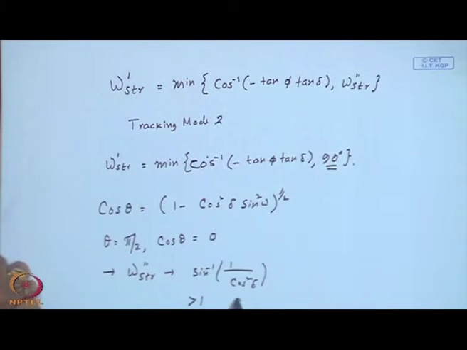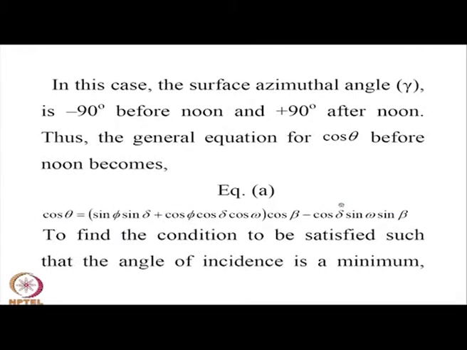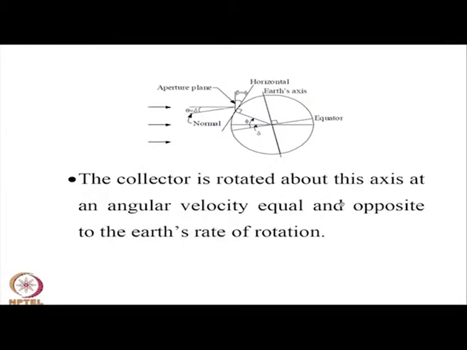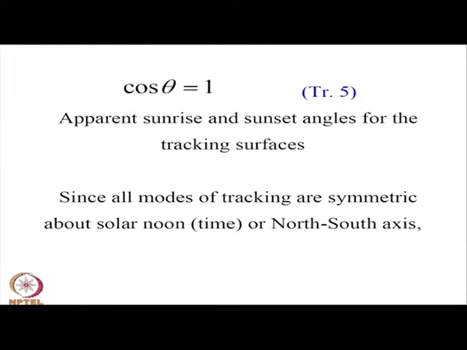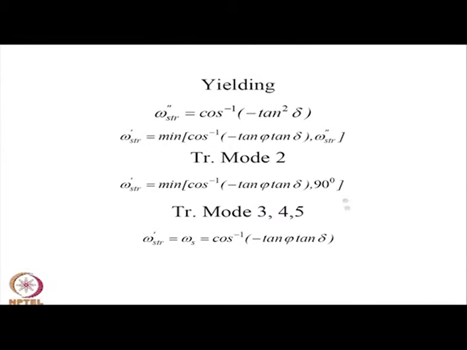So, omega S Tr double prime should be limited to 90 degrees. The logic being it will pass through 90 and beyond that there is no solar radiation received by the tracking mode 2. Let us get back to our other things. Tracking mode 2 is over.